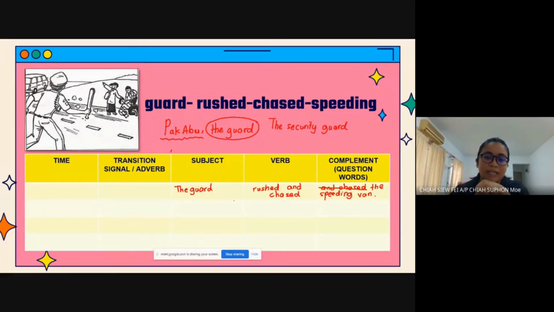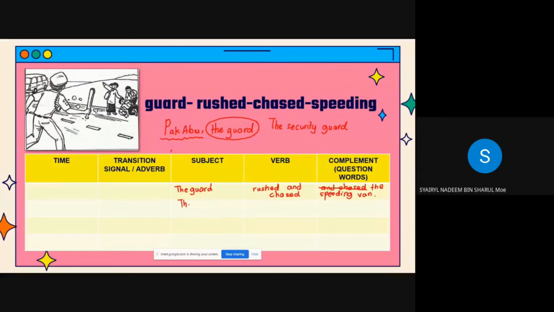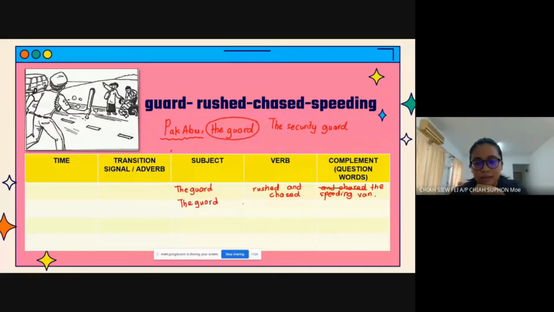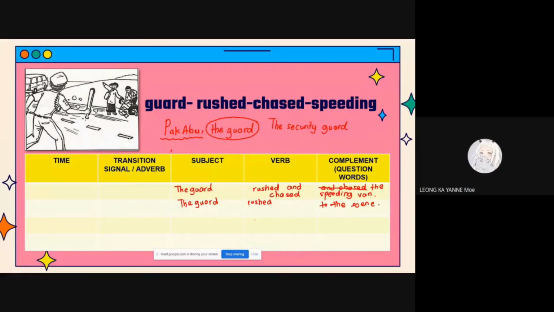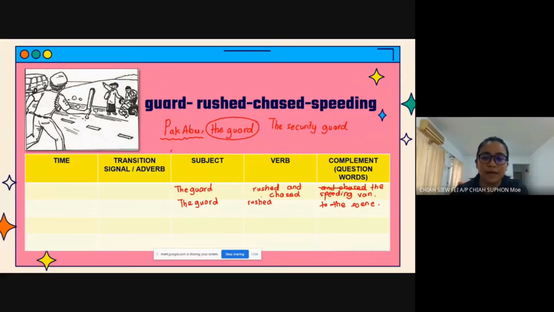And your version is the guard rushed to the scene. See, there can be many ways to write a sentence. Not only one way, there are many ways. You also wrote this. The guard rushed to the scene.